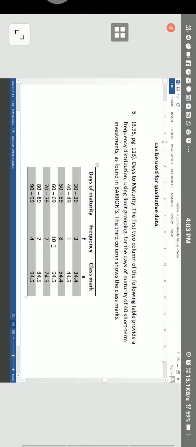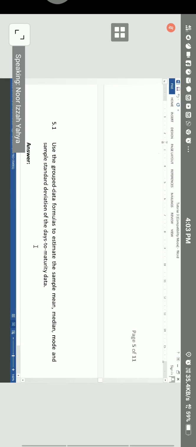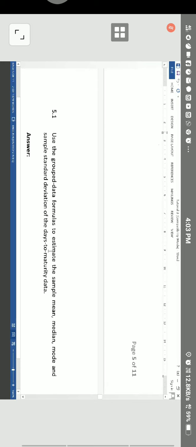And then you have the frequency. What you need to find: use the group data formula to estimate the sample mean, median, mode, and sample standard deviation.